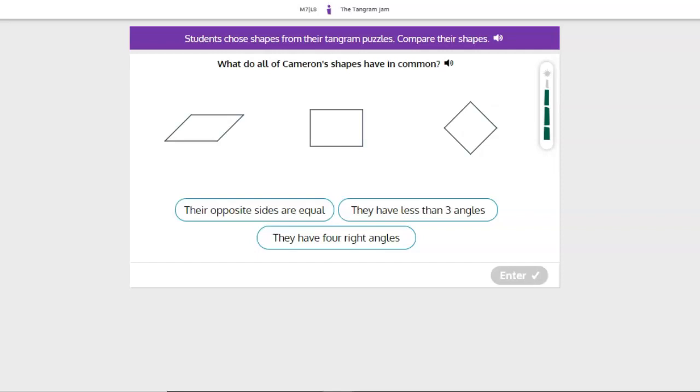Well, I can see that all 3 shapes have 4 sides and 4 angles, so they can't have less than 3 angles, so we can take this option out.